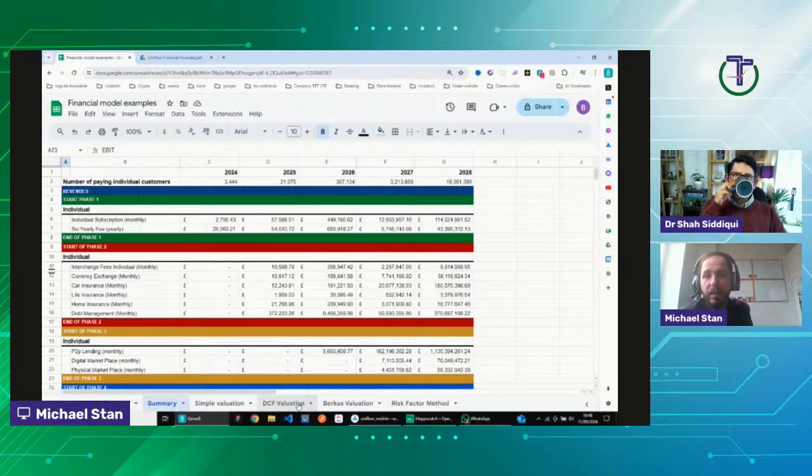Because if you don't need a salary, especially at the early stages, I don't believe the business owner pre-revenue should take a salary if they have savings that can support them.